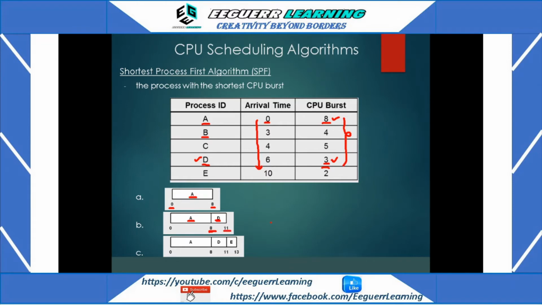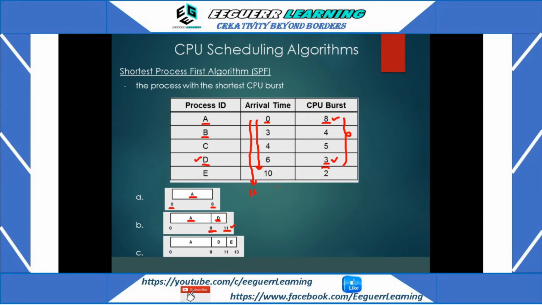Okay, so the CPU has now processed 2 processes, having 11 milliseconds. Now, the total process time is now 11. So from 0, it will continue up to 11 milliseconds.